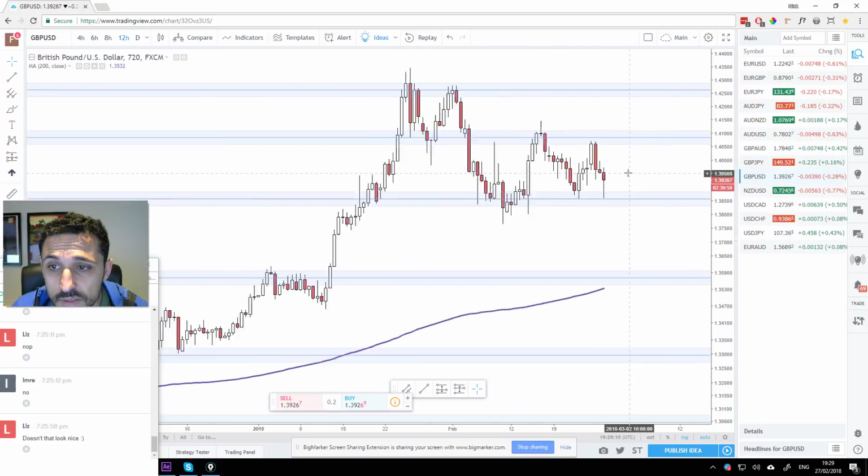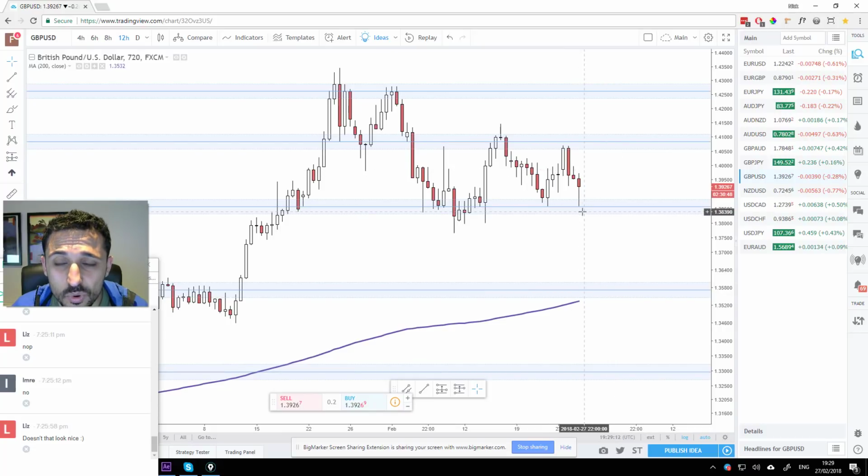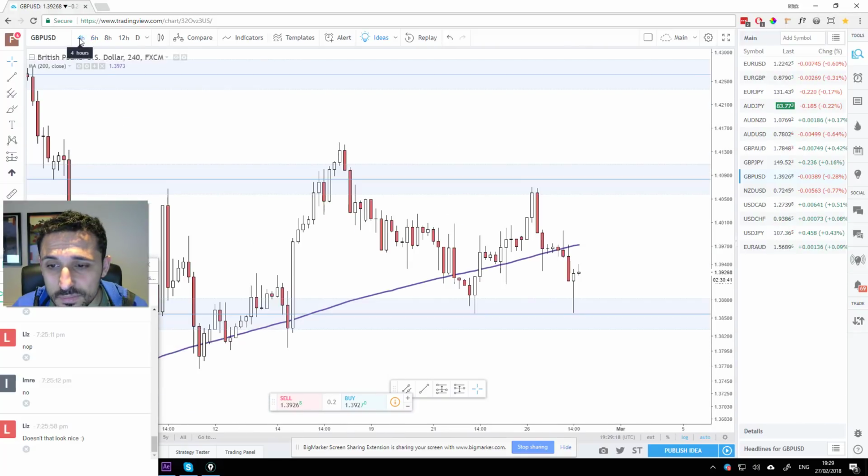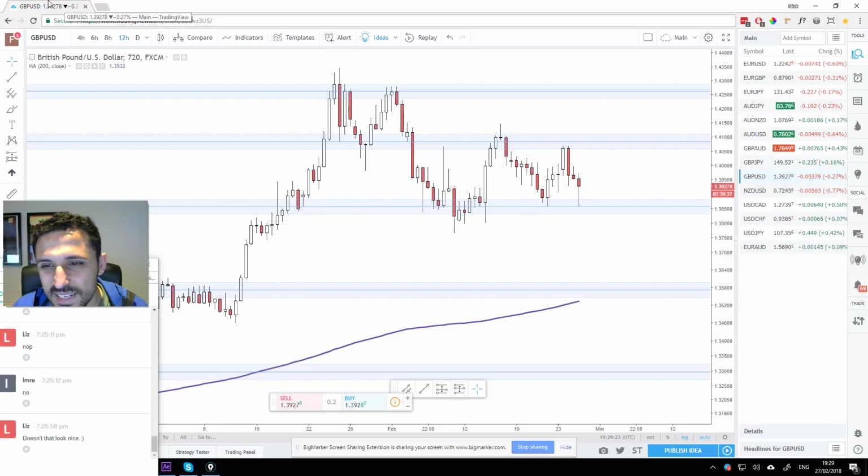GBPUSD has come down to this support area, and it's bounced away from it very, very quickly. Kind of a violent bounce away from it. I mean, there isn't much happening there right now, but I will be looking to see what happens if sellers manage to get down to here again.